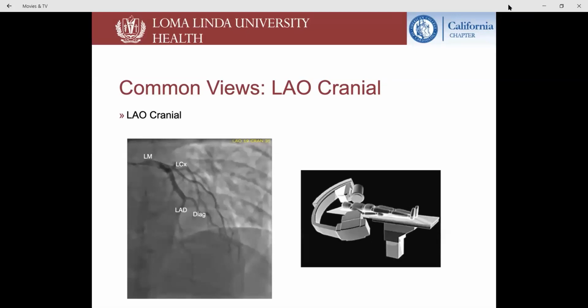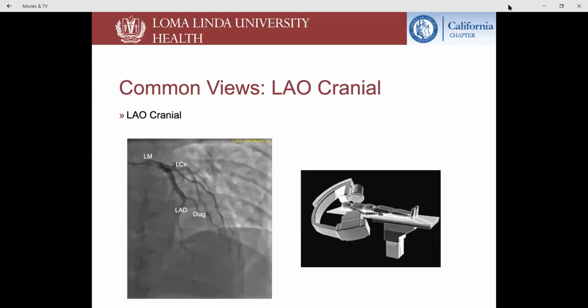Left circumflex and obtuse marginal branches are foreshortened and overlapped. Although, the same as the other cranial view, if you've got a left dominant system and you've got left posterior lateral arteries as well as a left posterior descending artery coming off the circumflex, it can be displayed very clearly in this view. In fact, I had an intervention last week, and this view was perfect for that.